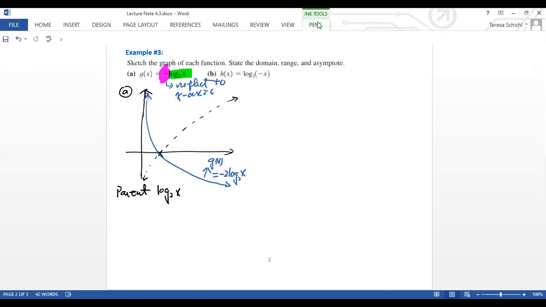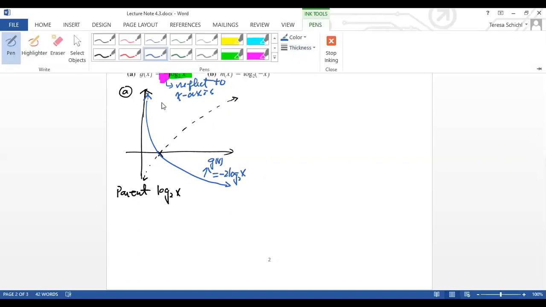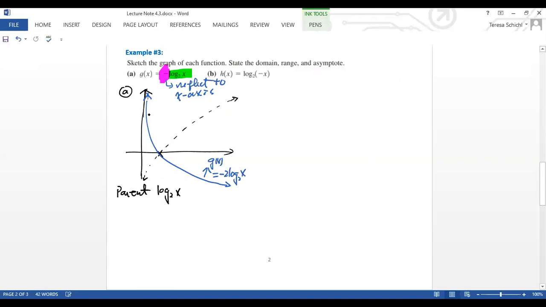Okay, then let's find the domain here. Domain is still the same, right? It's from 0 to infinity. What is the range here?